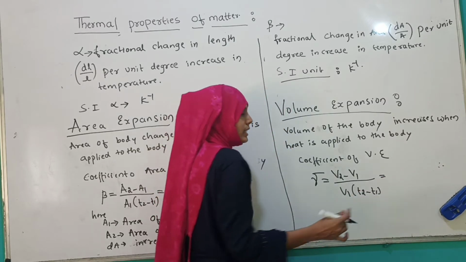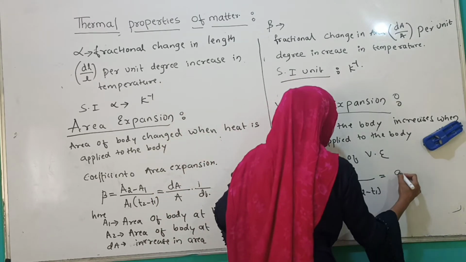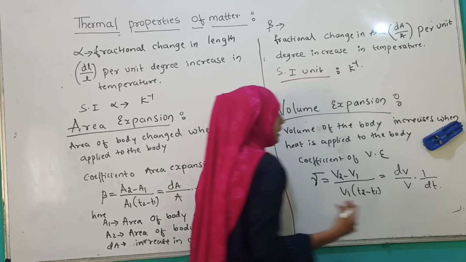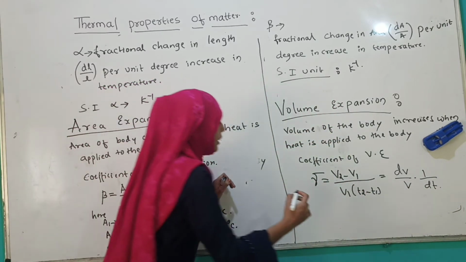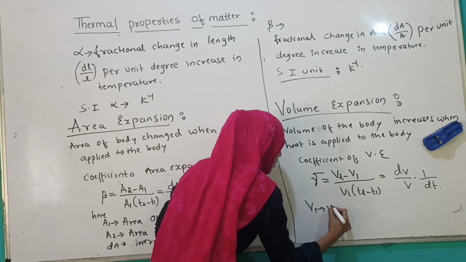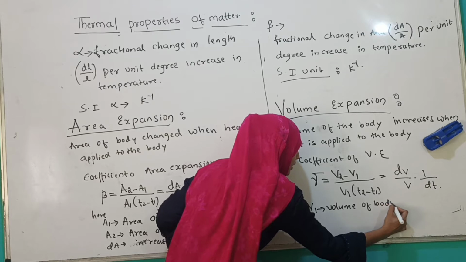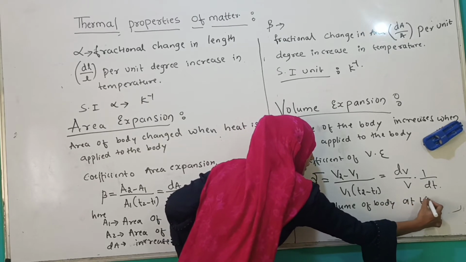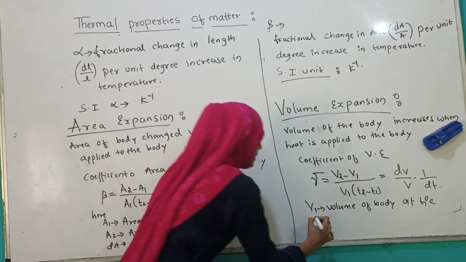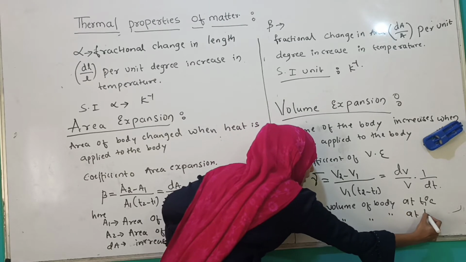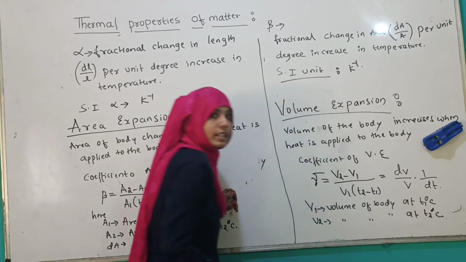I can write this equation as dV by V into 1 divided by dt. See, here V1 is the volume of the body at T1 degree Celsius. V2 is the volume of the body at T2 degree Celsius.